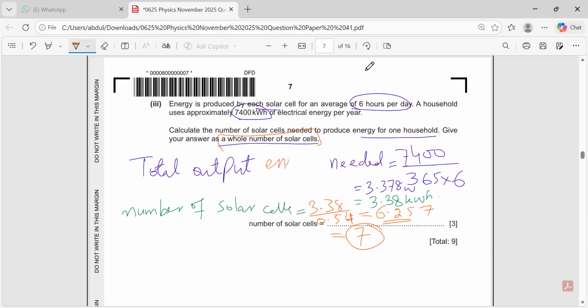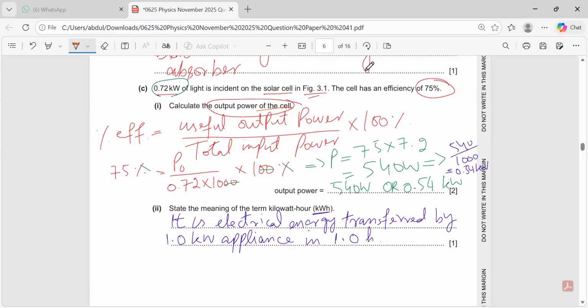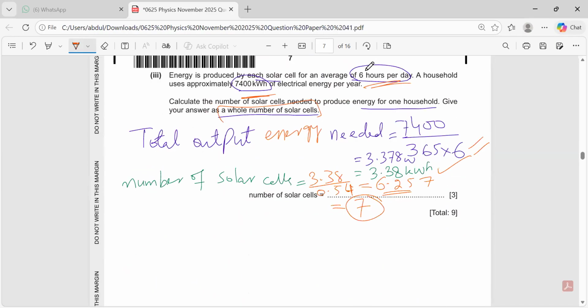So 7,400 is needed per year, every year has 365 days, and it works 6 hours per day. So we get 3.38 kilowatt hour of energy needed per day. We have already calculated that the output power of the cell is 0.54 kilowatt, so 0.54 kilowatt hour.